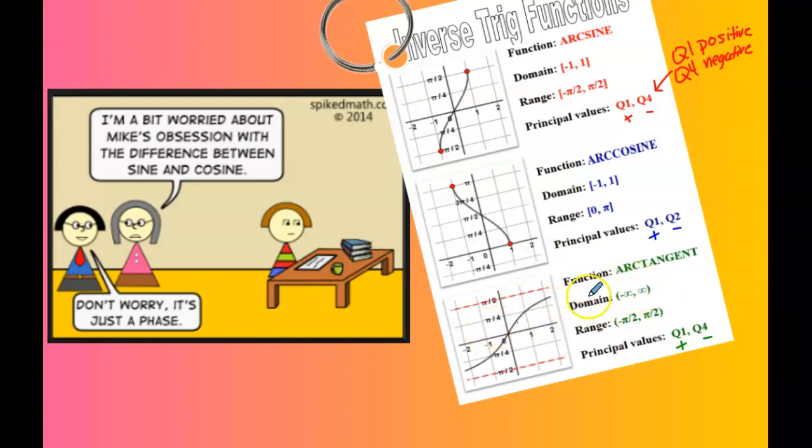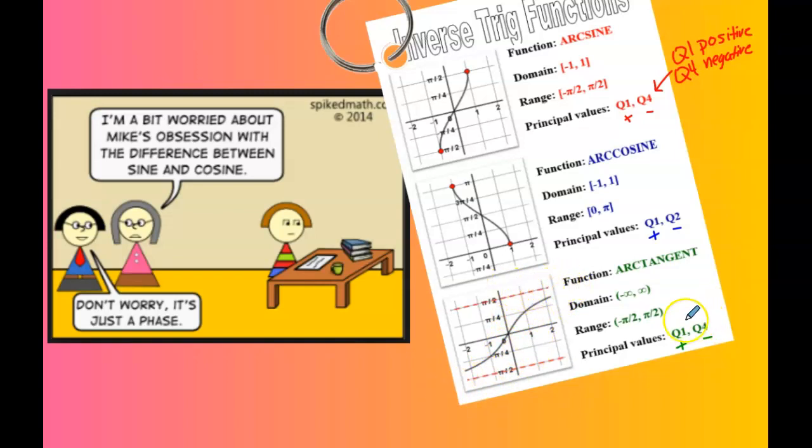Its domain is fully unbounded from negative infinity to positive infinity, and the range is non-inclusive, right? So we have parentheses instead of brackets because negative pi over 2 and positive pi over 2 are asymptotes, and the graph is going to go between but not touch or cross those horizontal asymptotes.